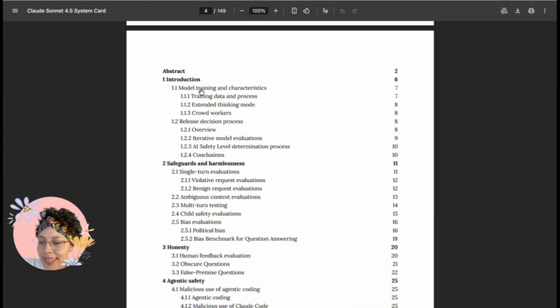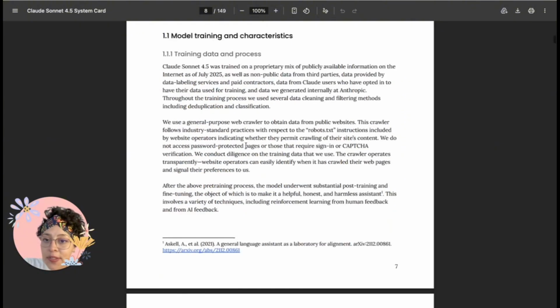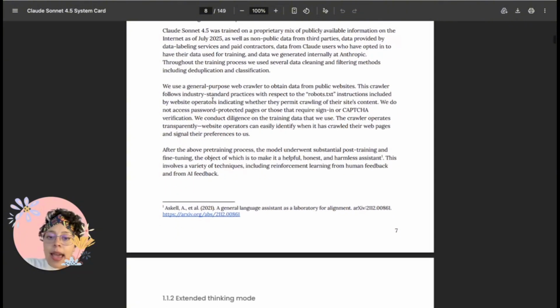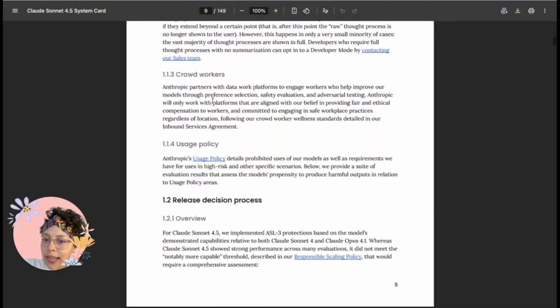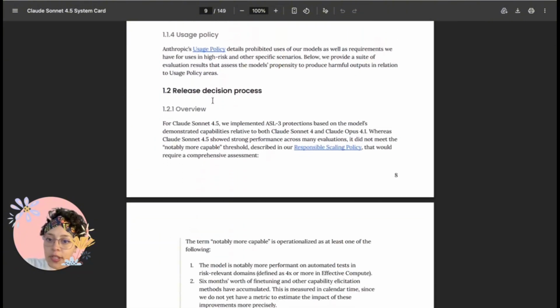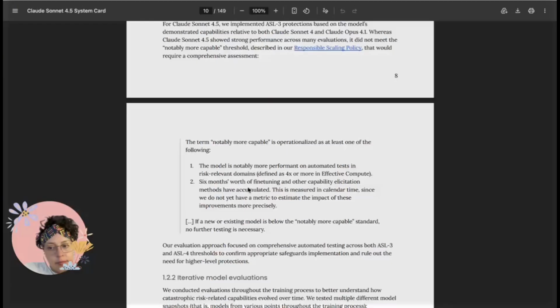And in the same sense that we were discussing in previous videos, for example, they mention what data they use to train the model. And here is all the technical information that you need to understand to have better information about what is the expectation about how the AI system behaves.